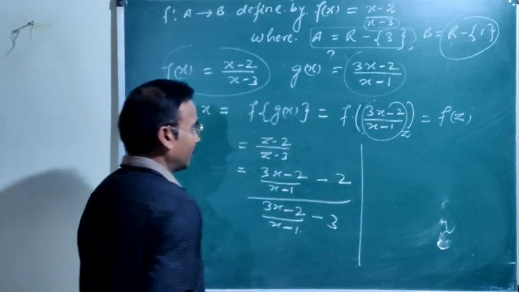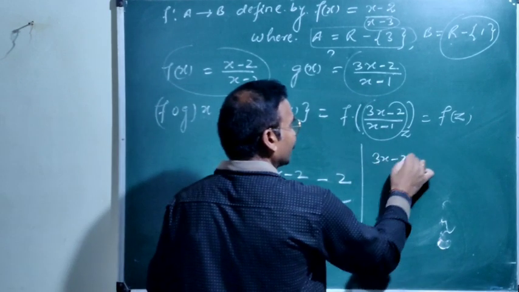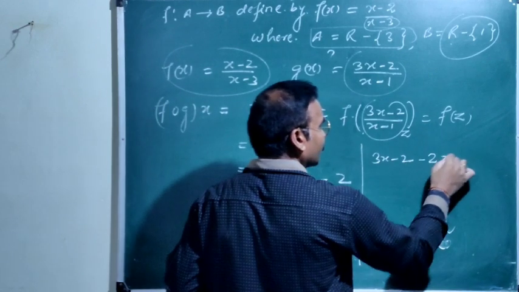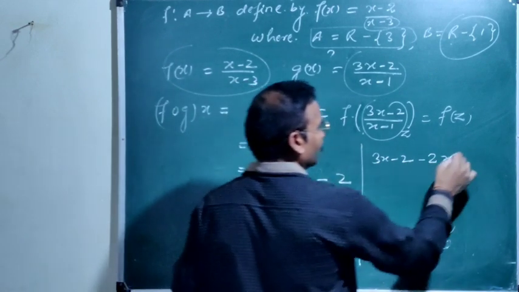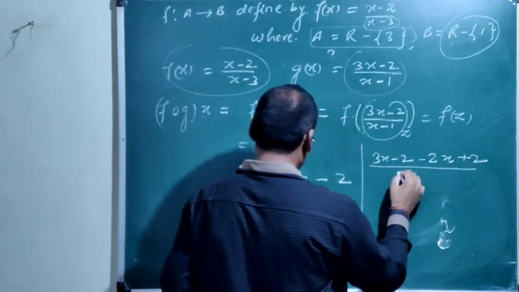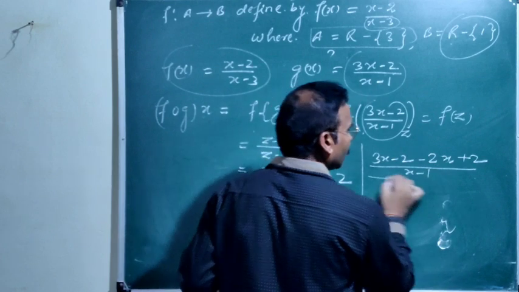Now solve it. In the numerator, 3x minus 2, cross multiply, minus 2x plus 2, whole divided by x minus 1. In the same manner, in the denominator, 3x minus 2 minus 3x plus 3, whole divided by x minus 1.